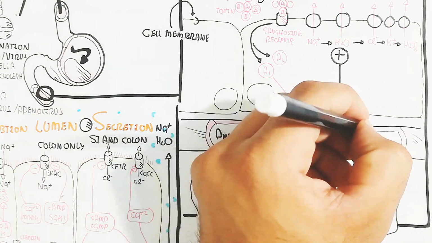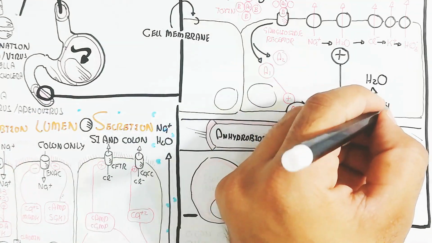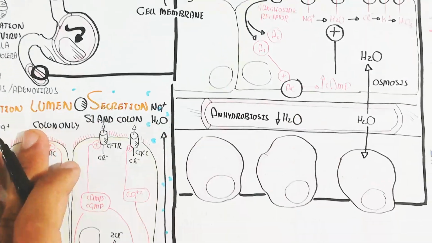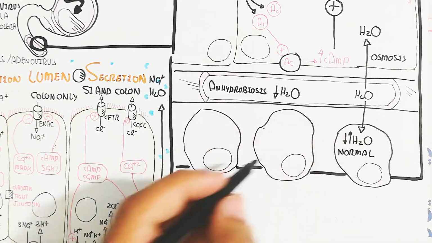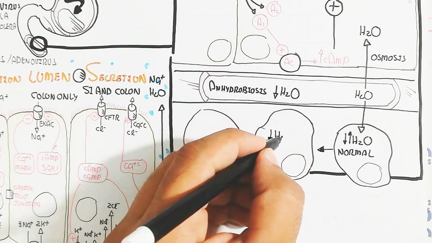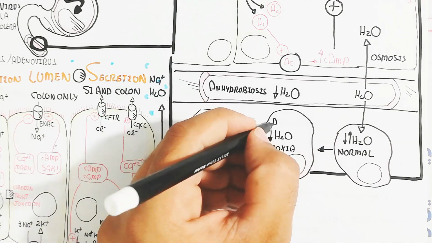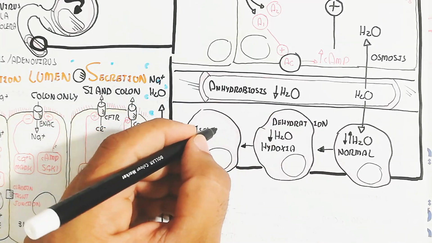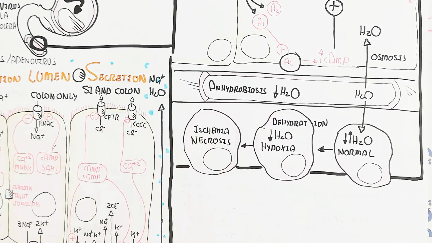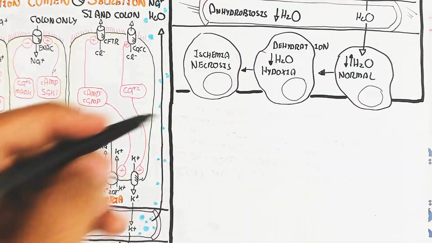On the other hand, it causes many problems. Basically the osmosis will lead to water entering the enterocyte and secretion into the lumen due to the secretion of sodium, chloride, potassium and bicarbonate. Anyhow, the normal cell will convert into the dehydration state, and hypoxia also occurs, ischemia and necrosis.